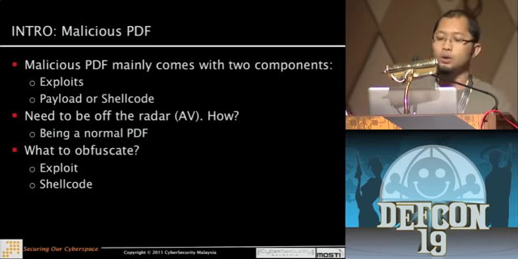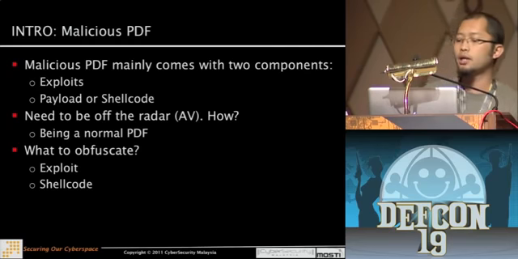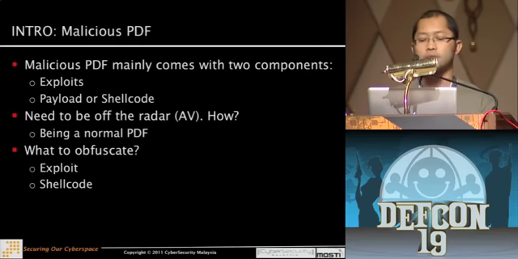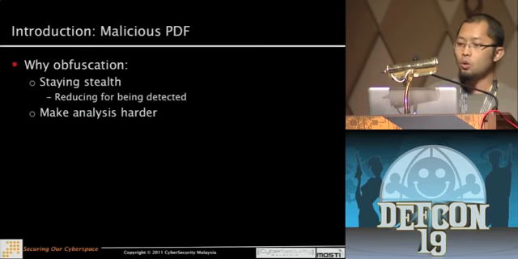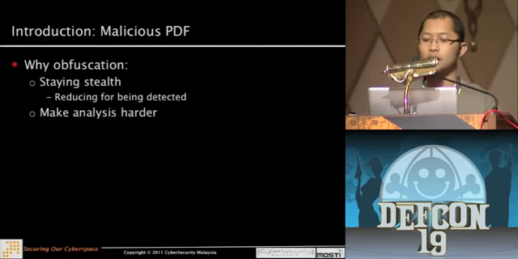What you want to obfuscate depends on what level you want to go. Normally, people just obfuscate the exploit, or they obfuscate the shellcode, but these two main components need to be obfuscated. Why are you obfuscating? Obviously, you want to stay stealthy, reducing the chance of being detected, and to make analysis harder.